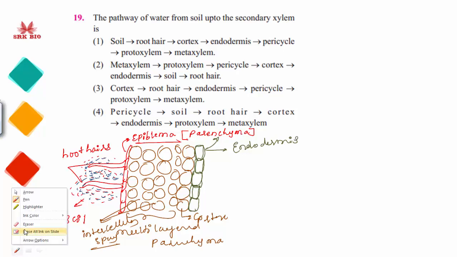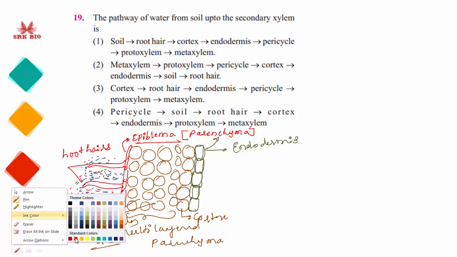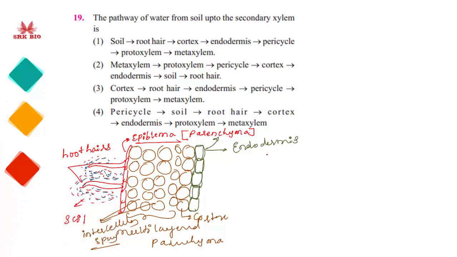The interesting character of the cells of endodermis is the tangential walls. That means the wall between two cells of the endodermis is deposited with lignin or suberin.